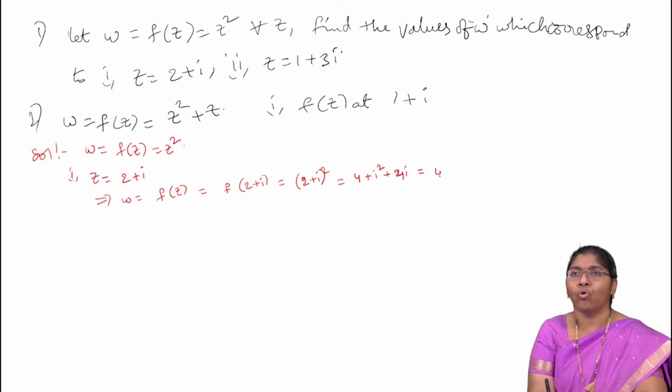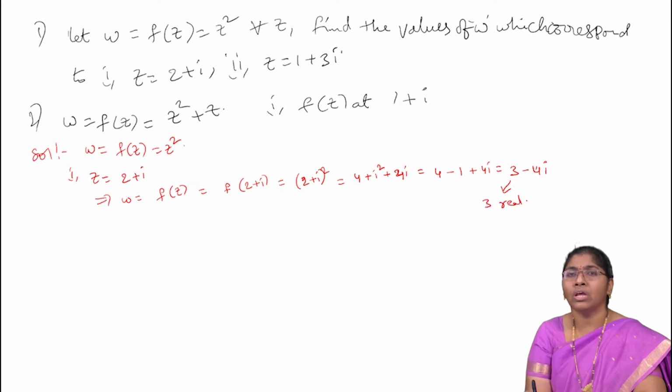I square value is minus 1, so 4 minus 1 is 3, plus 4i, total 3 plus 4i. Here 3 is the real part and 4 is the imaginary part of the given function.